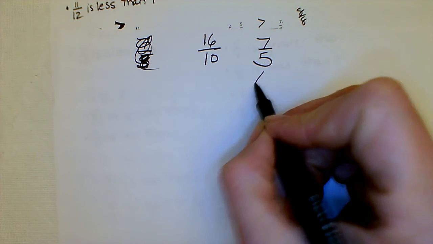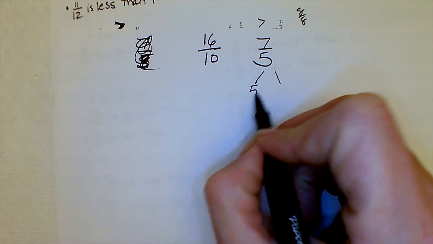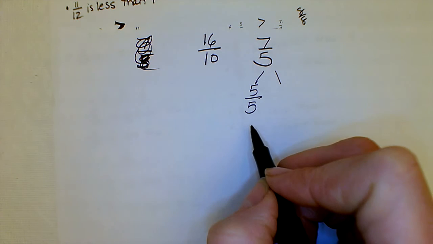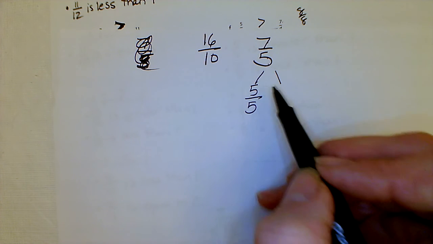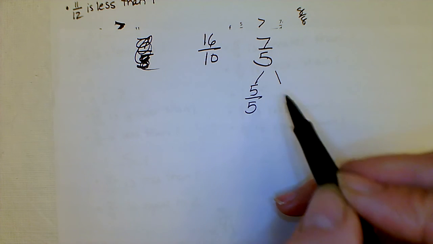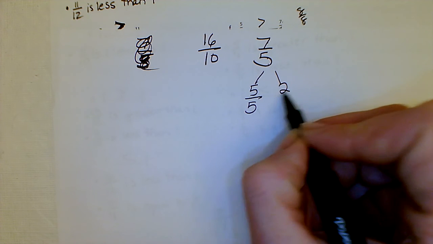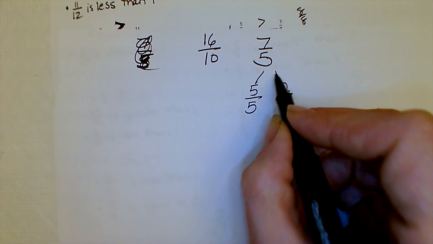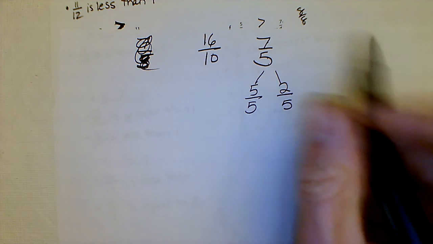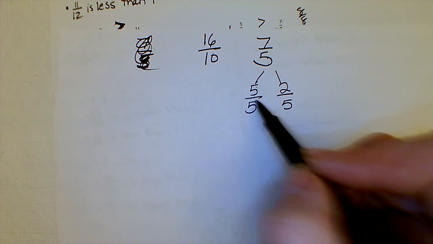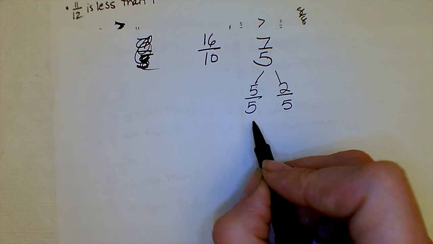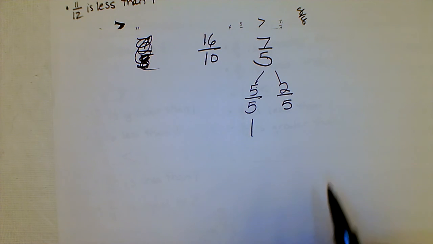Okay, so let's take that 7/5. I can pull 5/5 out, because that's 1 whole. So I had 7 of this size pieces, minus 5 of those pieces, is going to leave me 2 of those pieces. And you have to label those pieces, they're fifths. So 7 minus 5 is 2, and they're all fifths. This 5/5 is the same thing as saying 1.